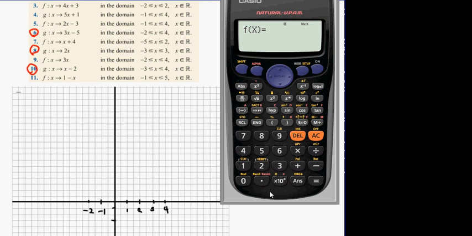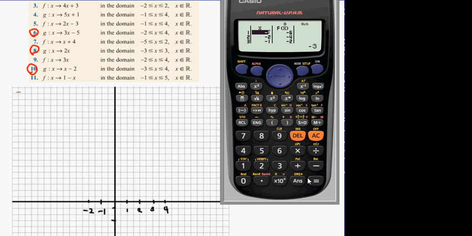f(x) equals 2 shift x. Start minus 3. End plus 3. Step 1. Who got all these points here?